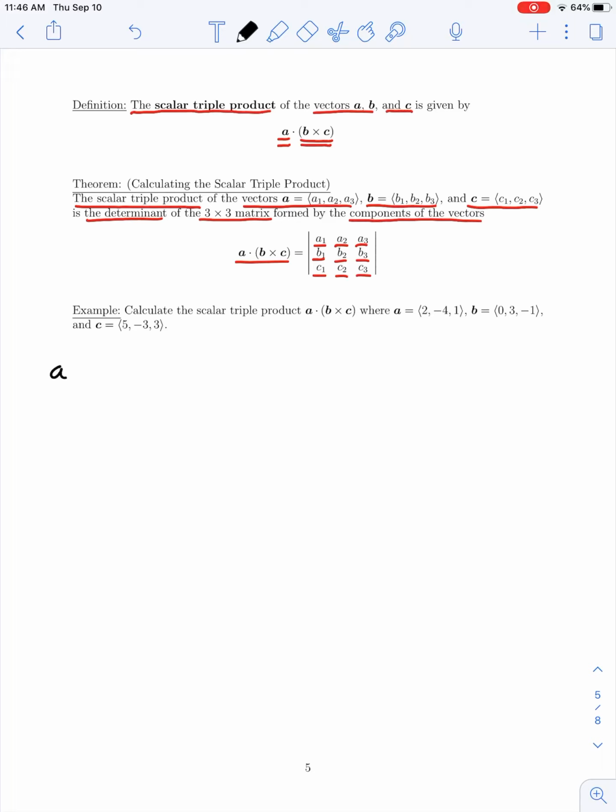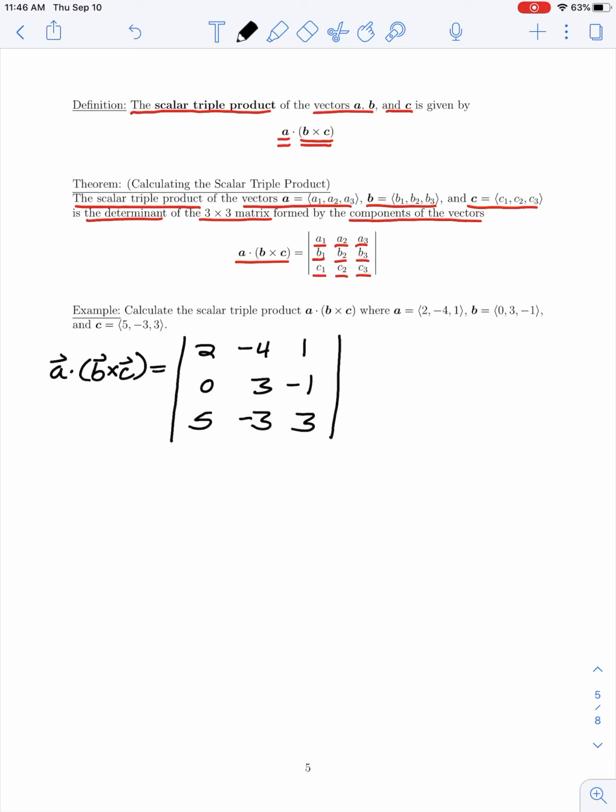Using our new theorem, this scalar triple product of A, B, and C can be given by the determinant of the 3x3 matrix whose first row would be 2, -4, 1, the elements of A. The second row would be 0, 3, -1. Those are the entries of B. And our third row would be 5, -3, 3, which are the components of our vector C.